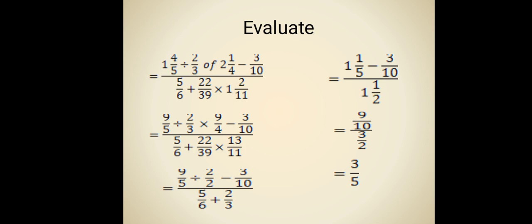I think by now you have gotten the logic. First, do the part of, the of, for the numerator, and then you follow by the division part. For the denominator, do the part of multiplication first, and then the rest will follow. Now, if you follow all those steps methodically, you will get the answer as 3 over 5.